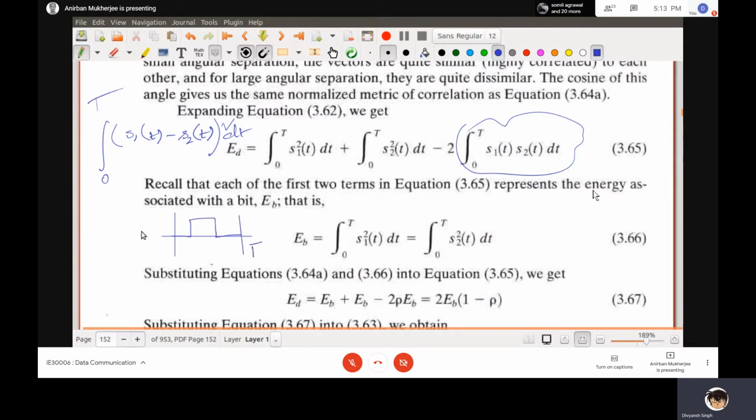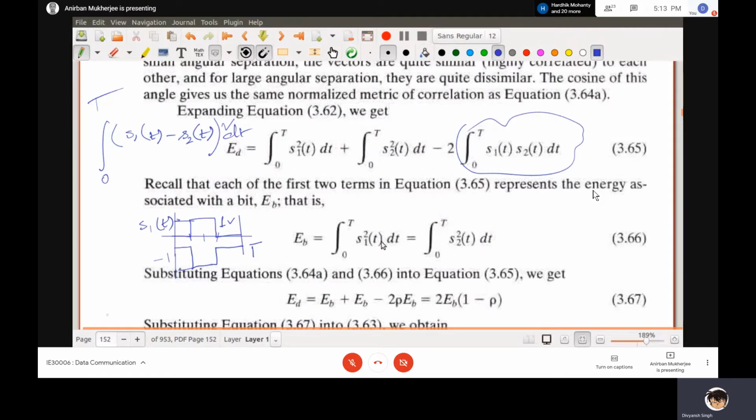This is capital T. This is my S1(t), and this is my S2(t). This is T by 4, T by 2, 3T by 4, and say this is 1 volt. This is the same thing, but it is -1 volt. So this is for logical 0 and this is for logical 1, say.